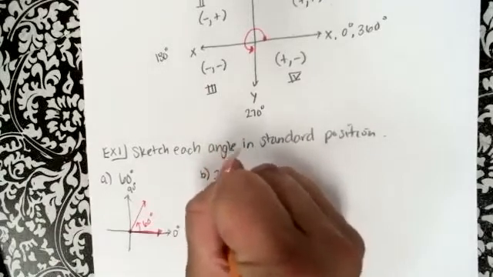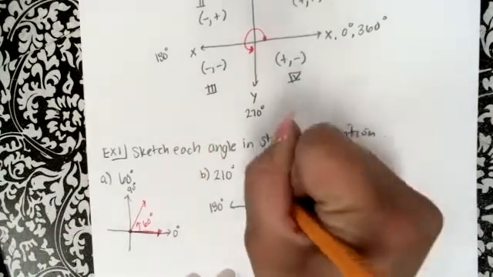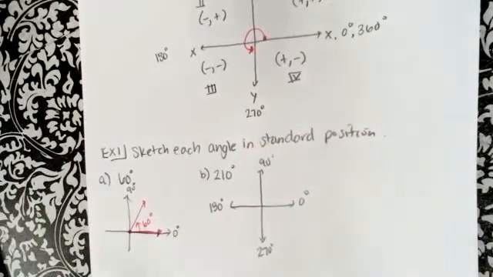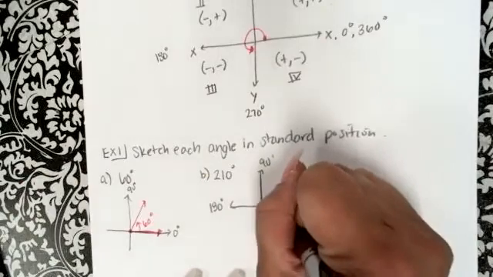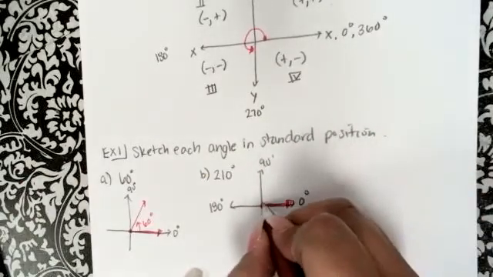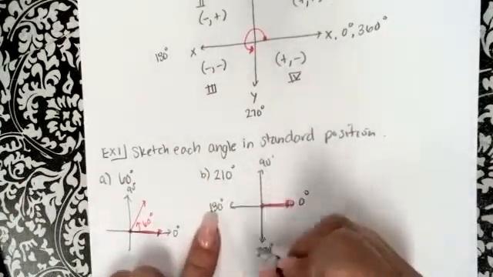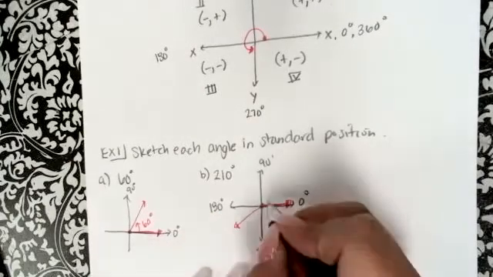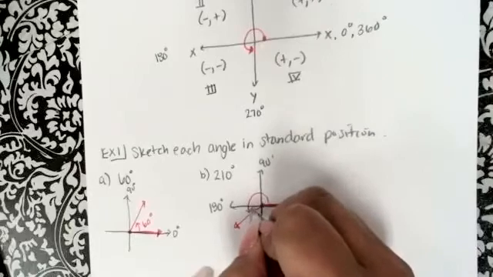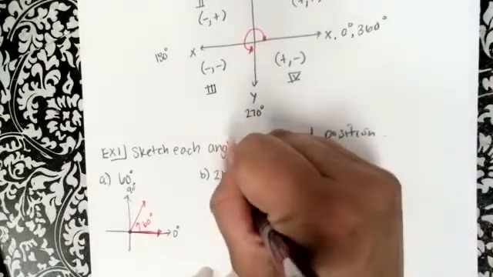Here's the 180, and then the 270 is down here. We are starting on the x-axis. That is our initial side. And then 210 is between here, but it's closer to the 180. It's a third of the way down. So it's going like this. This is 210 degrees.